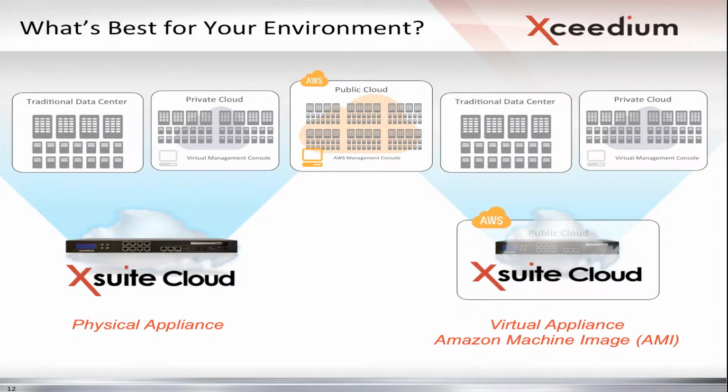So it's not a physical appliance, but a soft appliance that runs up on the Amazon infrastructure. What we're trying to show in this picture is it doesn't matter which one you purchase. There are good reasons for and against, but you can run it up in Amazon and manage across public cloud, private cloud, and traditional data center, or you can run it on premise in your data center and still manage across the public cloud and private cloud. So no difference in what you can use to protect, given the different form factors. Just choose the form factor that matches what you're trying to do with your particular architecture.